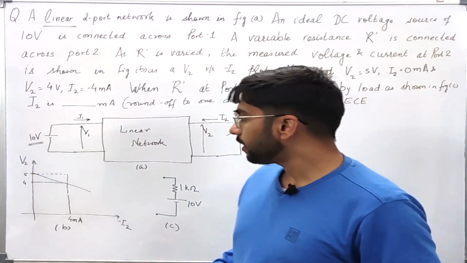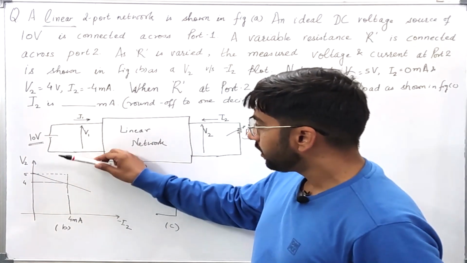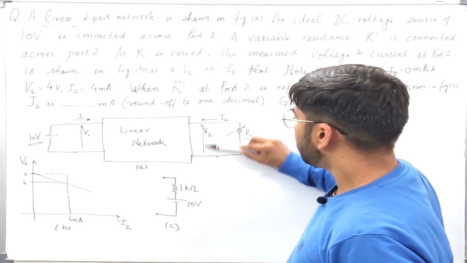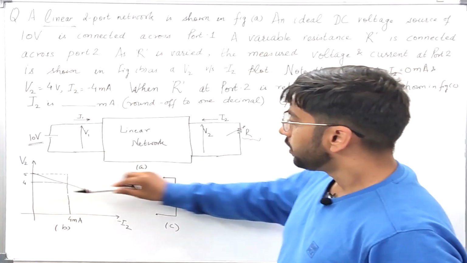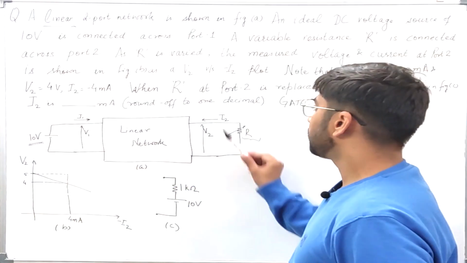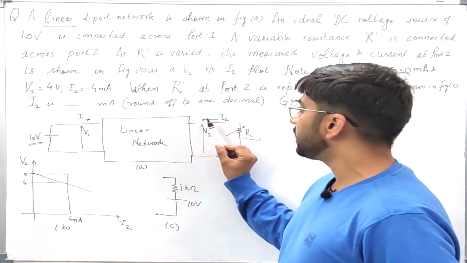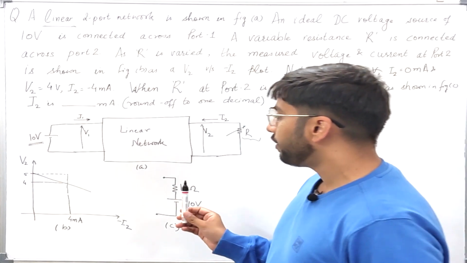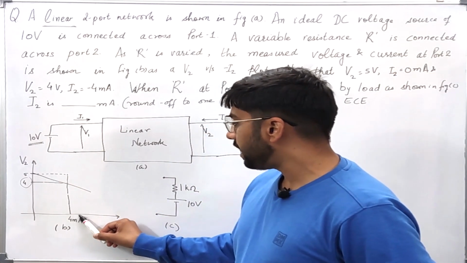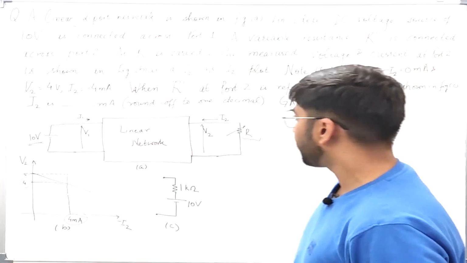Now here we can see that when the voltage at port 2, across these 2 points, is 5 volt, then the current is 0 ampere. So the current entering into the network is 0 ampere. However, when this voltage is 4 volt, then the current is 4 milliampere.